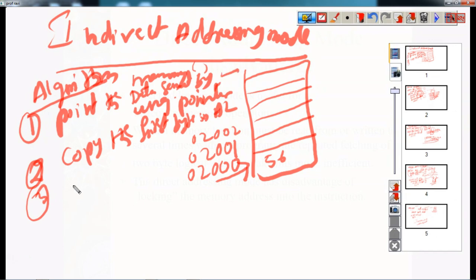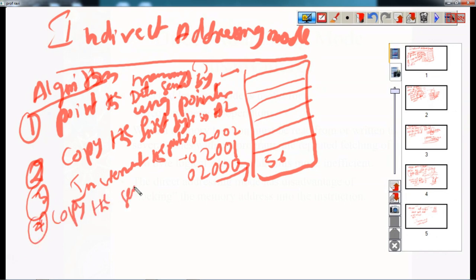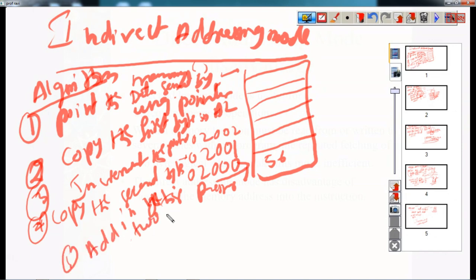Then increment the memory pointer, so the pointer will point to the next byte. Copy the second byte into another register, and then add the 2 registers.